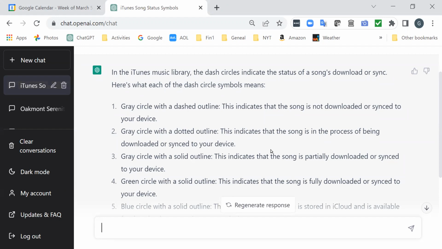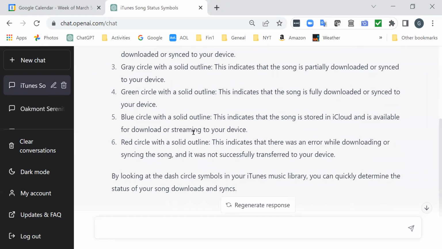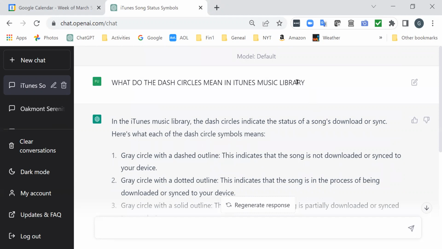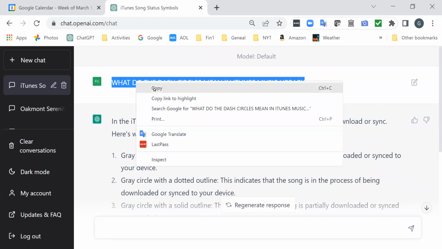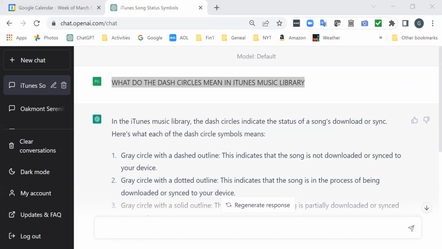Okay, you have that? You want to eliminate it? Okay, so I'm going to highlight this and I'm going to copy it. And then I'm going to put a new window. I hope everybody can see that.